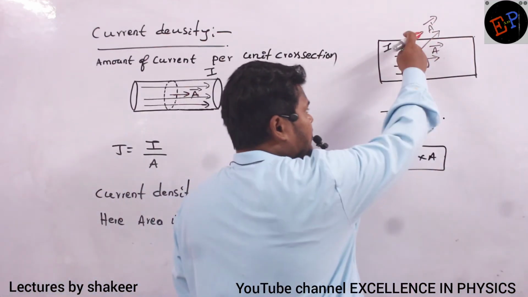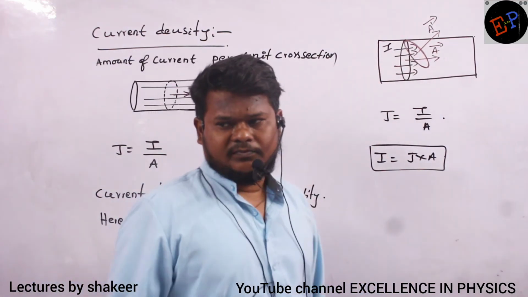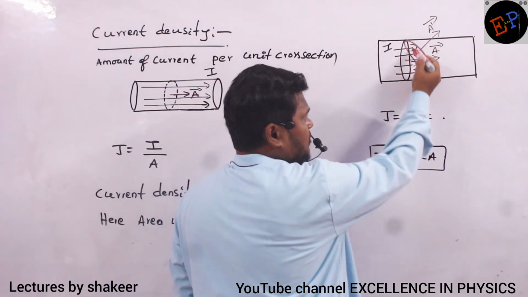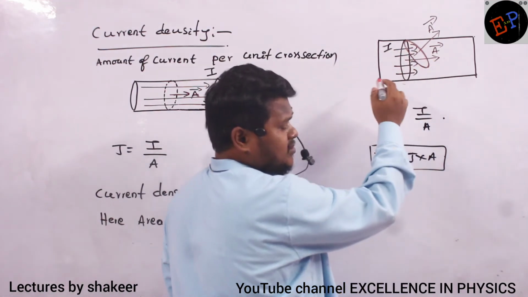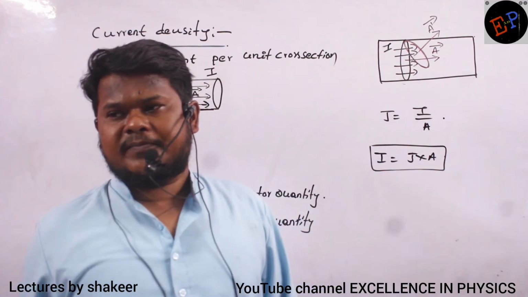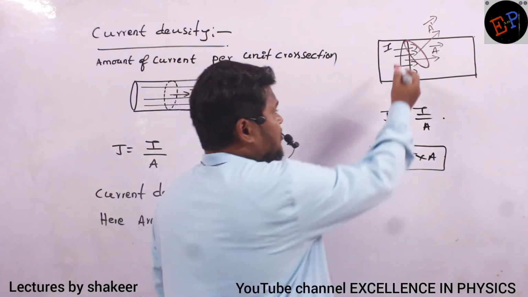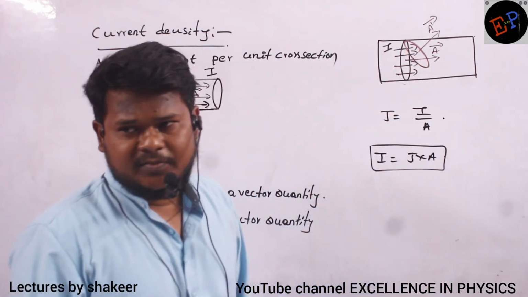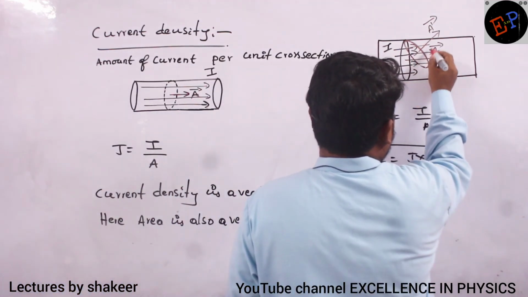Now the current entering into the new area of cross section, will it increase or decrease? The old area of cross section was indicated by the black color, and this red color area is the new area of cross section. Into the old one, say 4 amperes of current was entering, but in this area only 3 amperes is entering.